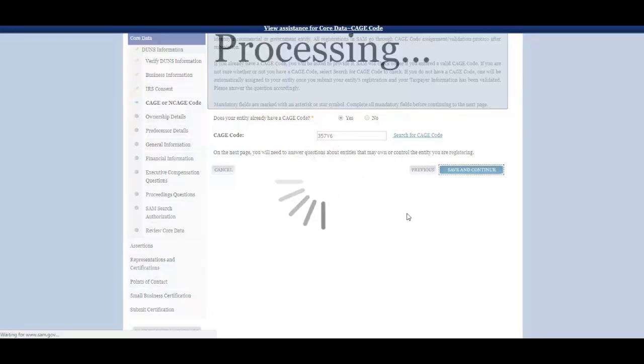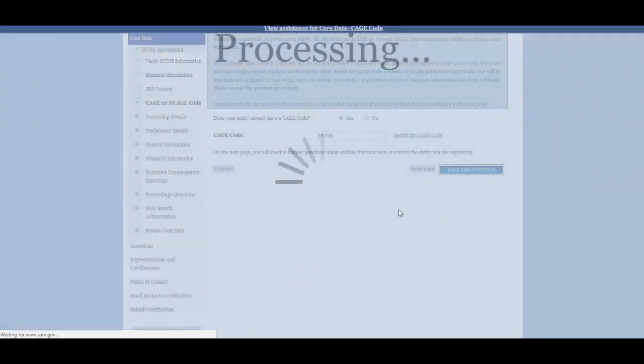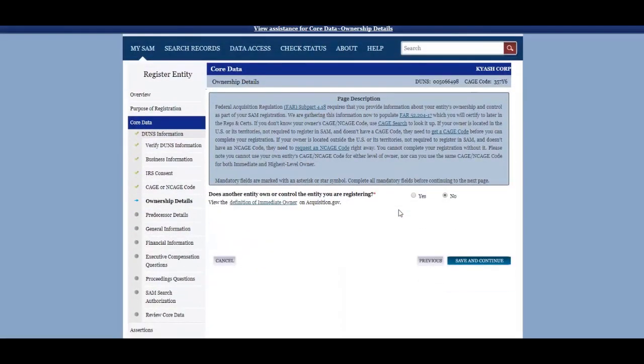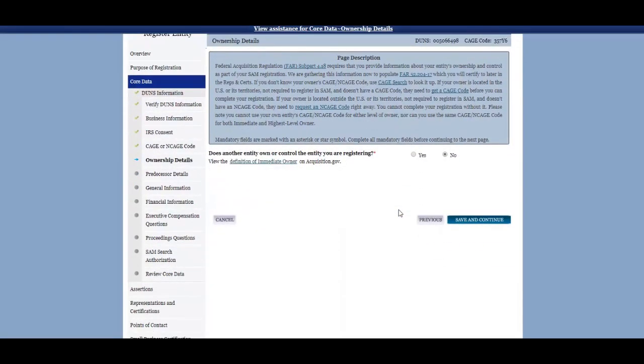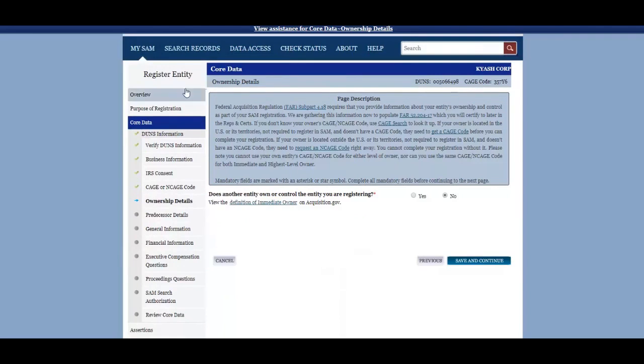So we're moving swimmingly along. As you can see, it is processing, it is thinking. Here we go. We're at ownership details for KYASH Corp. Now it's asking me, does another entity own or control the entity you are registering?